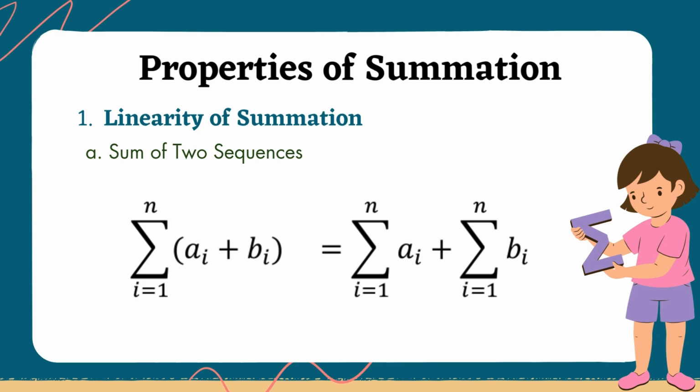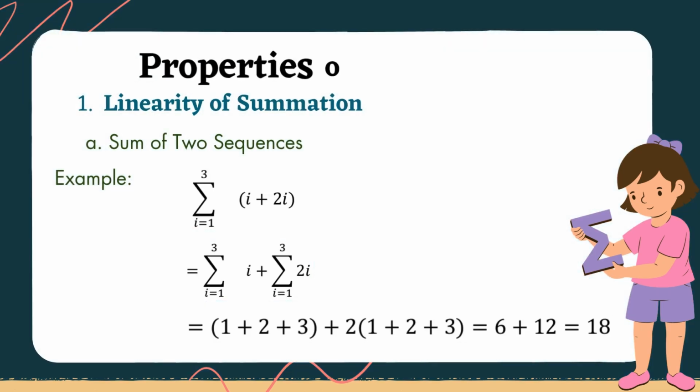For more knowledge, let's have an example for this property. I have here the sum of the quantity i plus 2i from 1 to 3. This can be written as the sum of i from 1 to 3 plus the sum of 2i from 1 to 3.